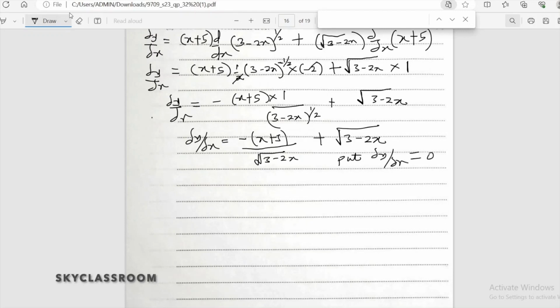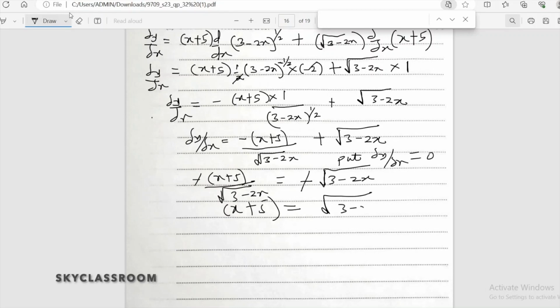At the end of the day, we now have minus x plus 5 over square root of 3 minus 2x equal minus square root of 3 minus 2x. So the minus cancel out this minus. When you cross multiply, we have x plus 5 equal to square root of 3 minus 2x all squared if cross multiply. So square cancels square root. So we have x plus 5.